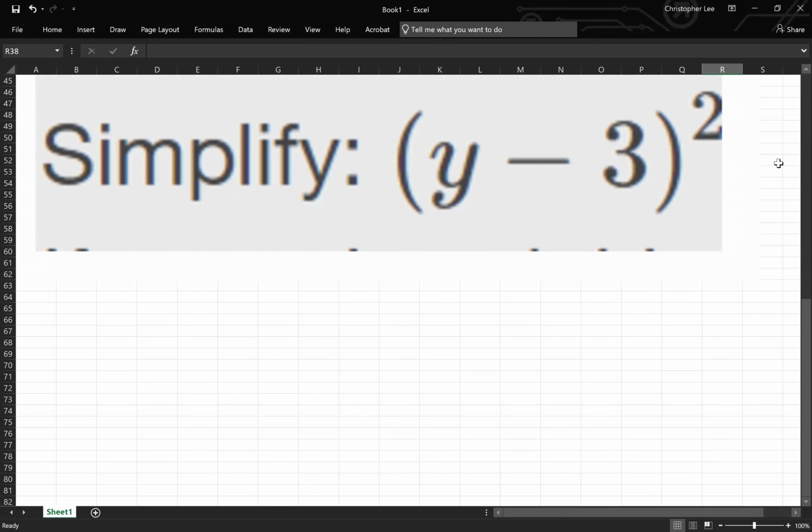So tell me how to do this. Okay, fair enough. But how do I square it though? So I have y minus 3 squared. How do I square that?